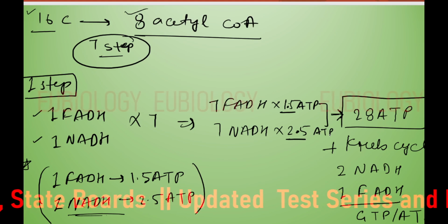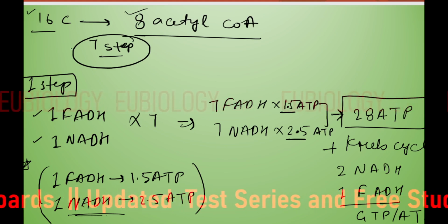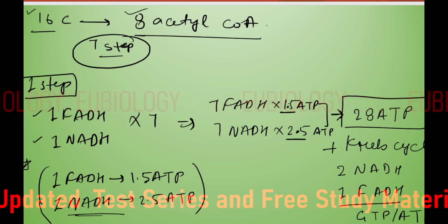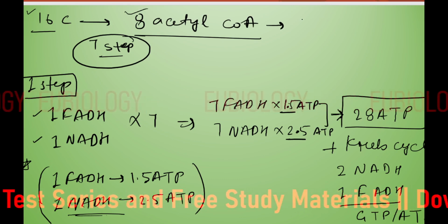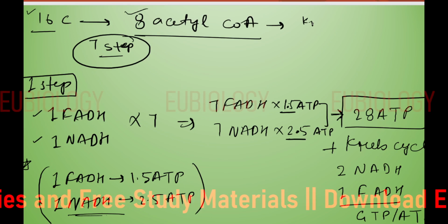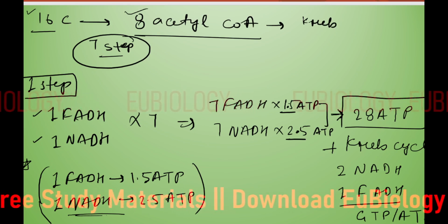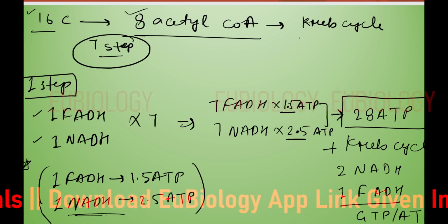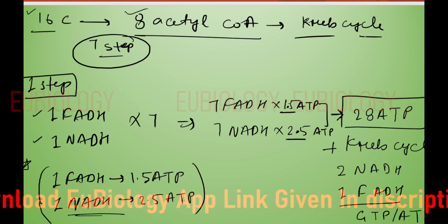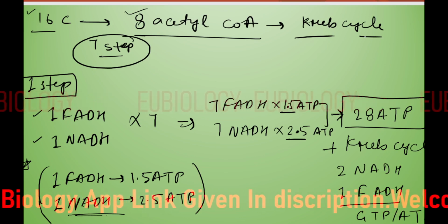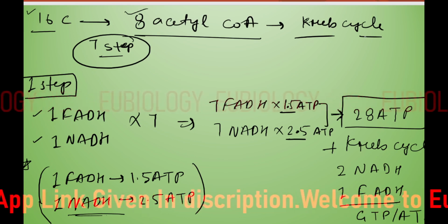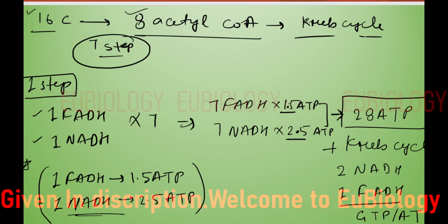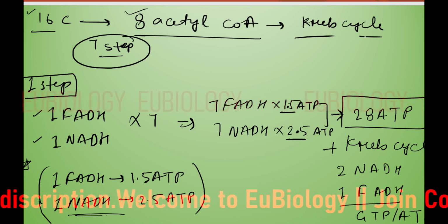Now if I ask what will occur with this acetyl coenzyme A? So 8 acetyl coenzyme A will enter into the Krebs cycle. Now you have to tell me how many ATP will be formed in one Krebs cycle after the complete oxidation.